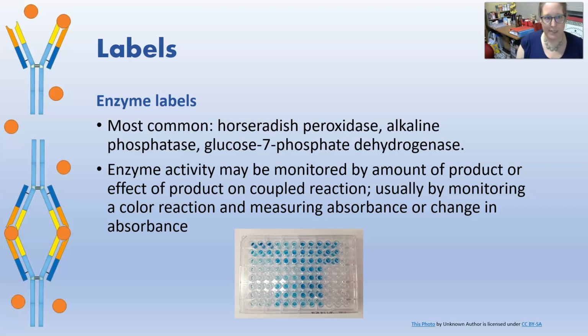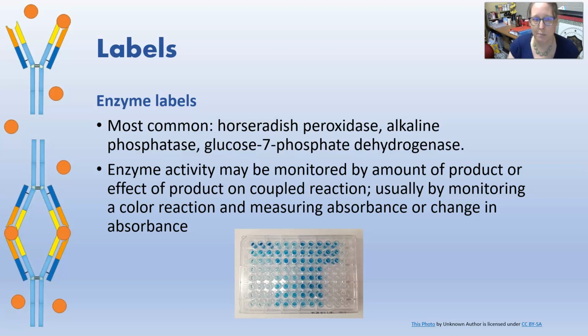The most common enzyme labels, though, are horseradish peroxidase, alkaline phosphatase, and glucose-6-phosphate dehydrogenase. The enzyme activity may be monitored by the amount of product that is generated from the substrate, or the effect of the product on coupled reactions. It could also be looking for substrate disappearance.